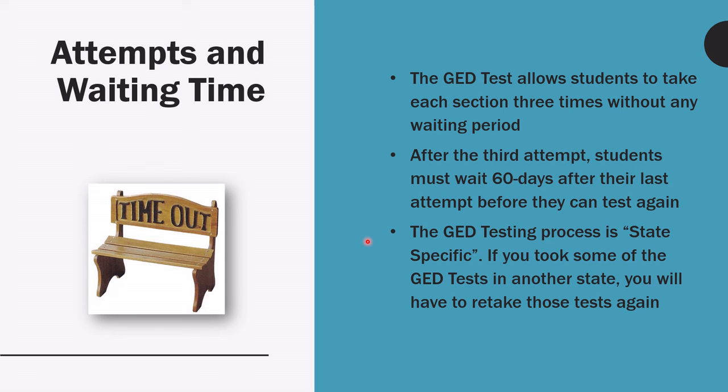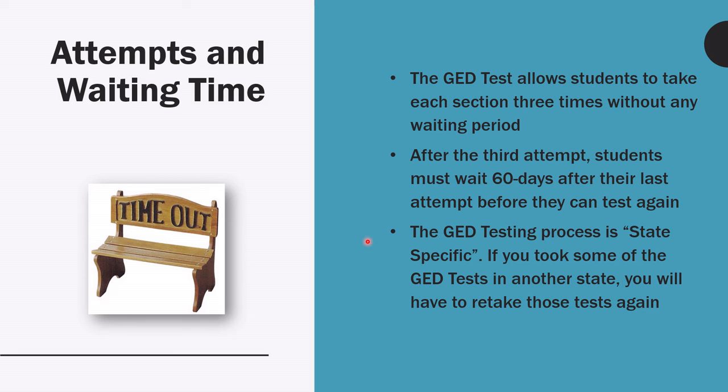So you're going to have to wait 60 days so that you can go back and practice and study again, so you'll be better prepared for that section, and then you can re-enroll and reschedule for that section after 60 days. You're going to have to pay the initial fee again and then pay for your retest.